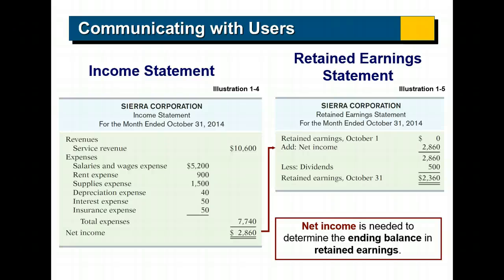And as you can see here, if we pay out dividends, because those dividends come from a portion of our profits, of our retained earnings, we're going to have to subtract those dividends from our net income to come up with an ending balance. Hang in there with me because I'm just in the middle of something, but it'll all flow together here. Know that net income ultimately flows into the retained earnings section.